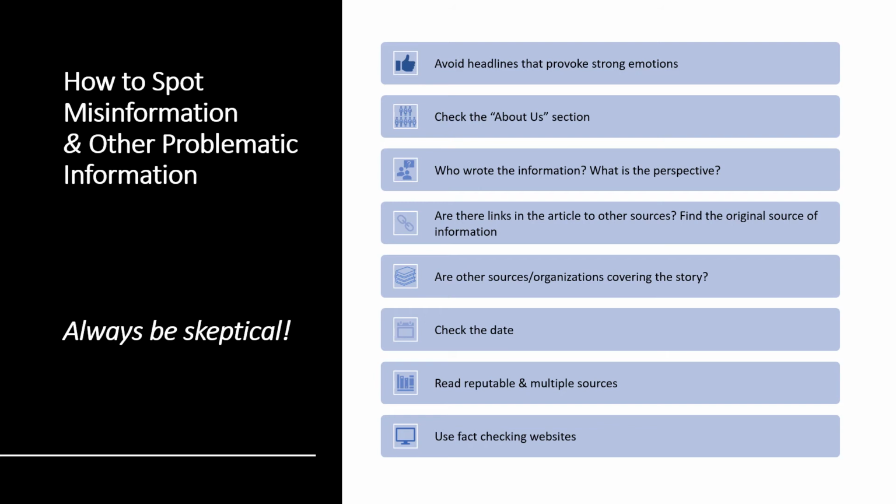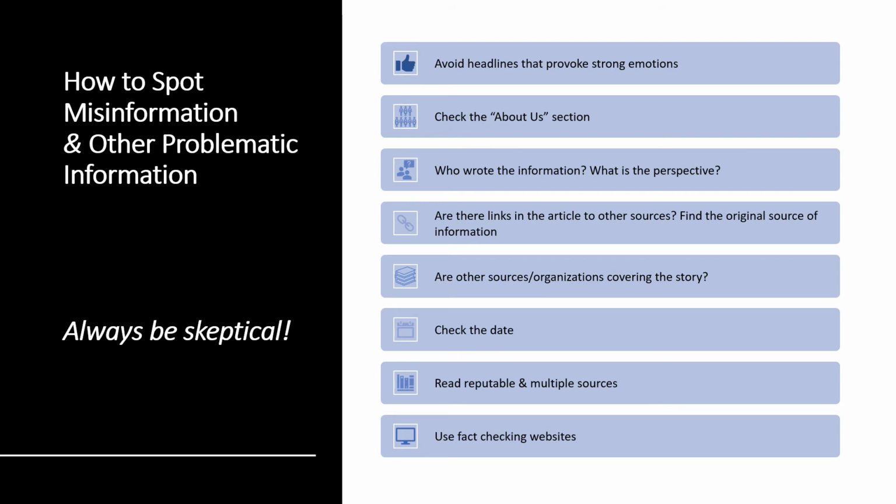Headlines. Headlines shouldn't provoke strong emotions. If a headline is phrased in a way that does provoke strong emotions, you should question that story, or at least the way it is being presented to you. Always try to understand who is giving you the information. Check the About Us section.